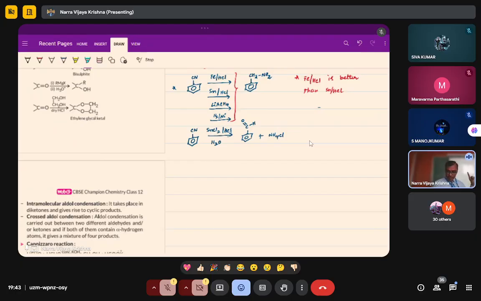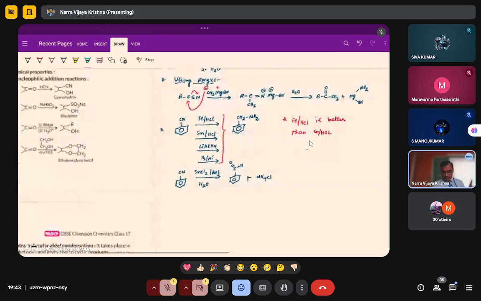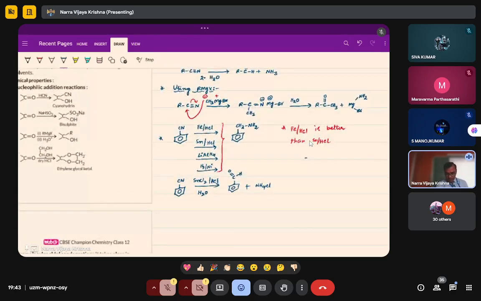Right? So let me write that again. Here, same cyanobenzene is reduced in presence of sodium and ethyl alcohol.